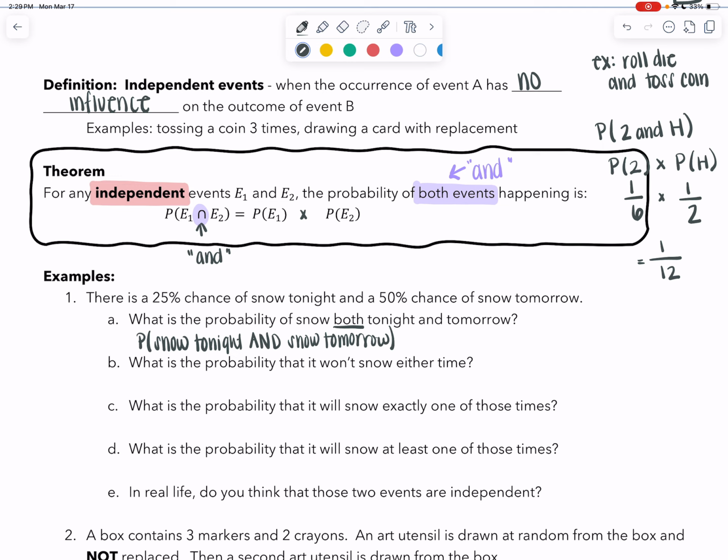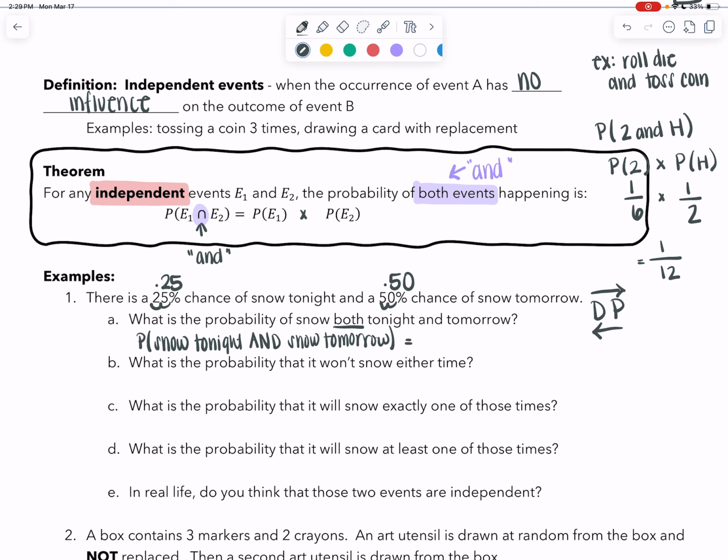Now, when I have percentages, the first thing I want to do is translate that into decimals. So remember our DP, Dr. Pepper: decimal to percent, we move the decimal to the right. Percent to decimal, we move it to the left. So that's going to be 0.50, and that's going to be 0.25.